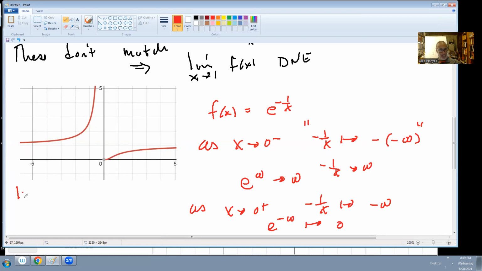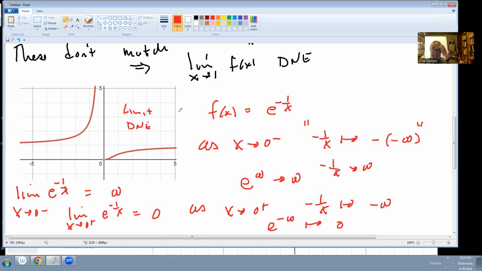So the left-handed limit as x approaches 0 from the left equals infinity, and the limit as x approaches 0 from the right equals 0. So needless to say, the limit does not exist. And it becomes unbounded.